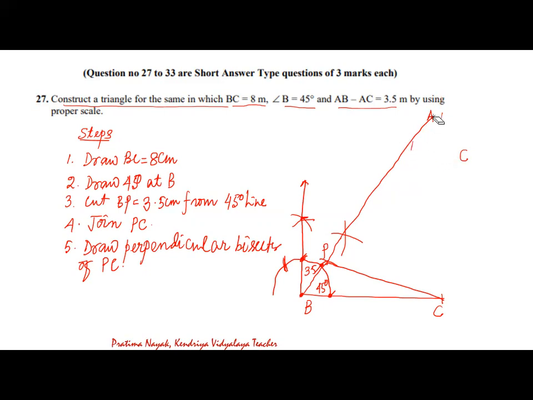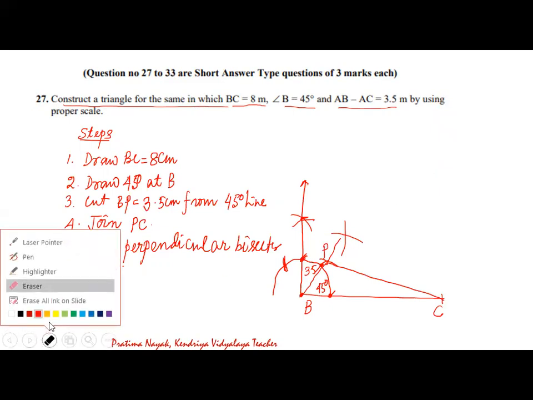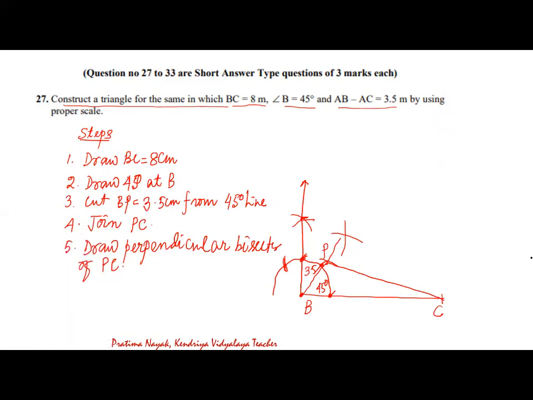Just remember, I am helping you again to recall. To draw a perpendicular bisector, suppose this is P and this is C. Put the compass here and draw an arc with the compass more than half of PC.